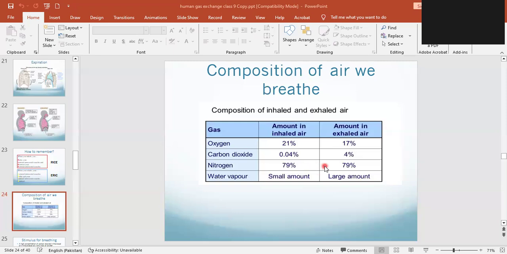There's no change in the nitrogen. But when you are exhaling, some of the moisture is removed through the gas exchange as well, so the exhaled air has a higher amount of water vapor. This is the difference in the composition of the air.